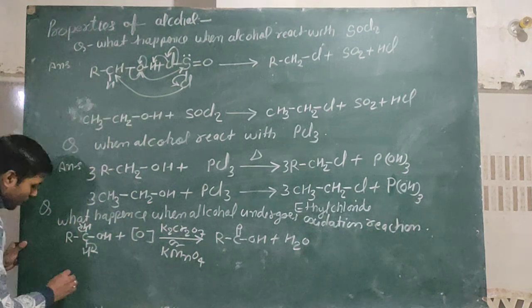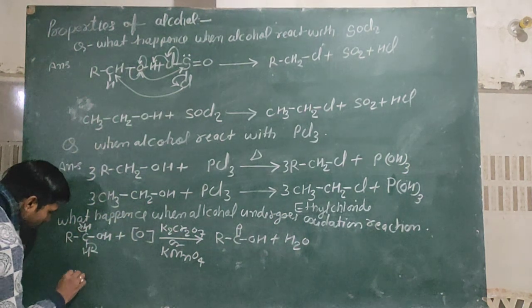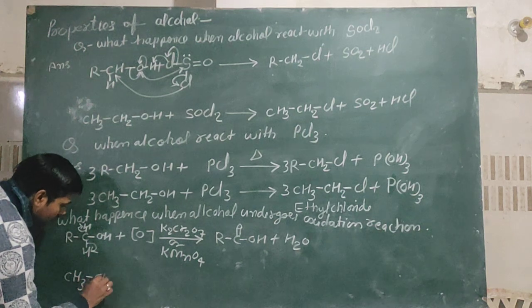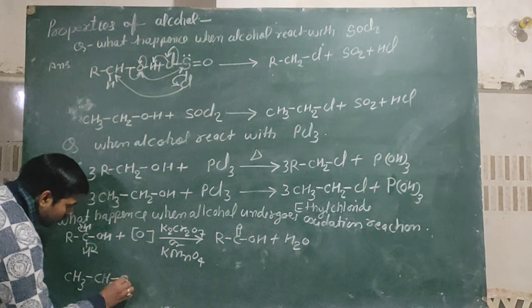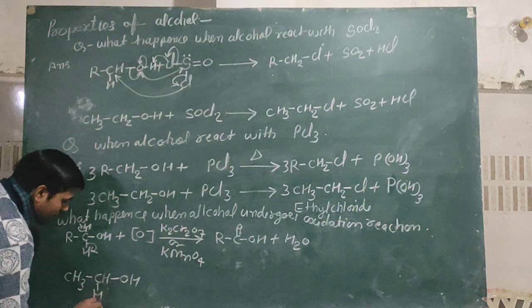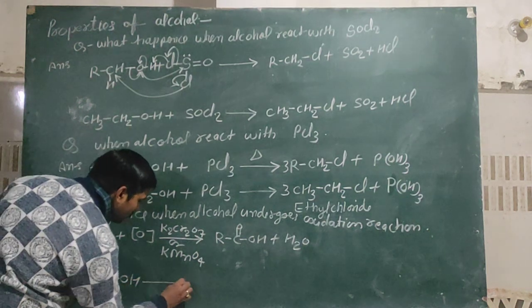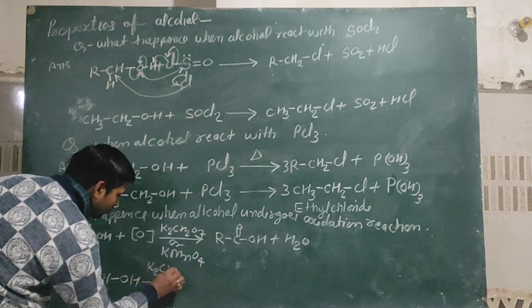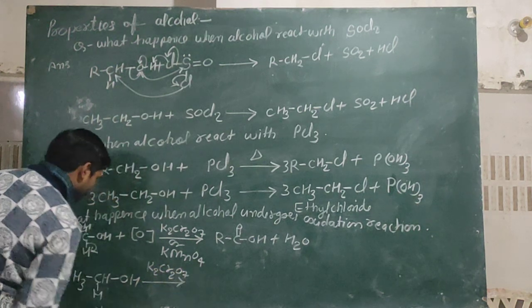You can see here, like CH3CH2OH. Okay, firstly this reaction occurs in the presence of K2Cr2O7.